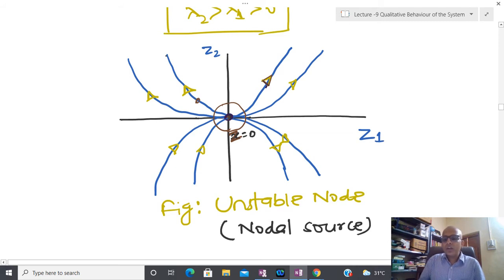Again, the story is like this. If you have a system x dot equal to Ax, just check the eigenvalues, and if both eigenvalues are positive, then you have this kind of response. It means that if you start in the vicinity of the equilibrium point, you are going to diverge.